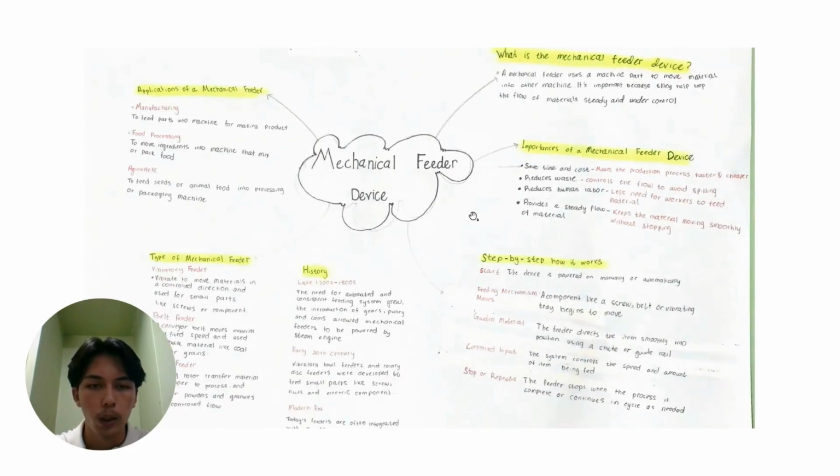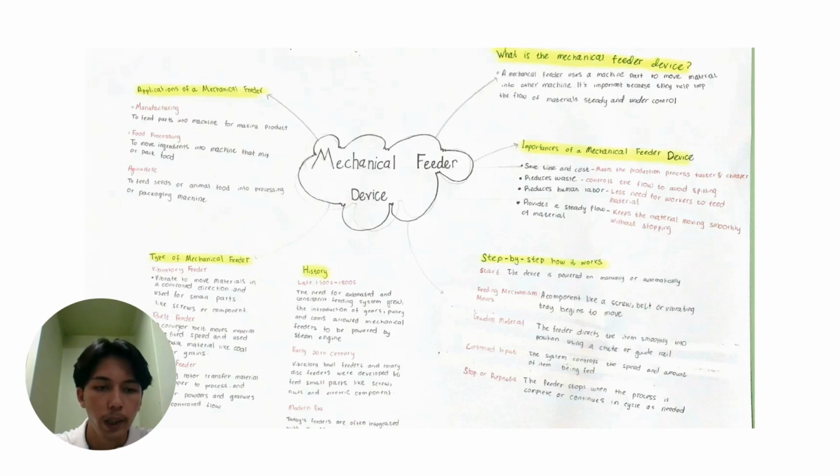The second last one is step by step how it works. The first is start. The device is powered on manually or automatically. The second is the feeder mechanism moves, where a component like a screw, belt, or vibrating tray begins to move. The third is guiding material.